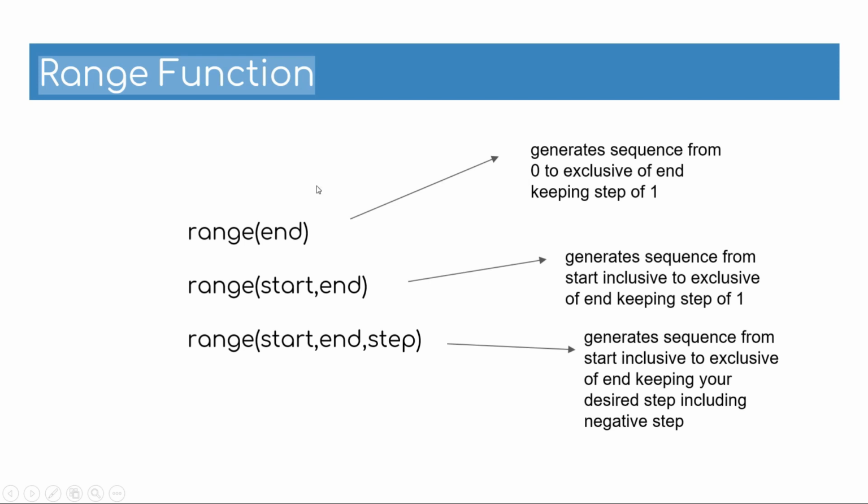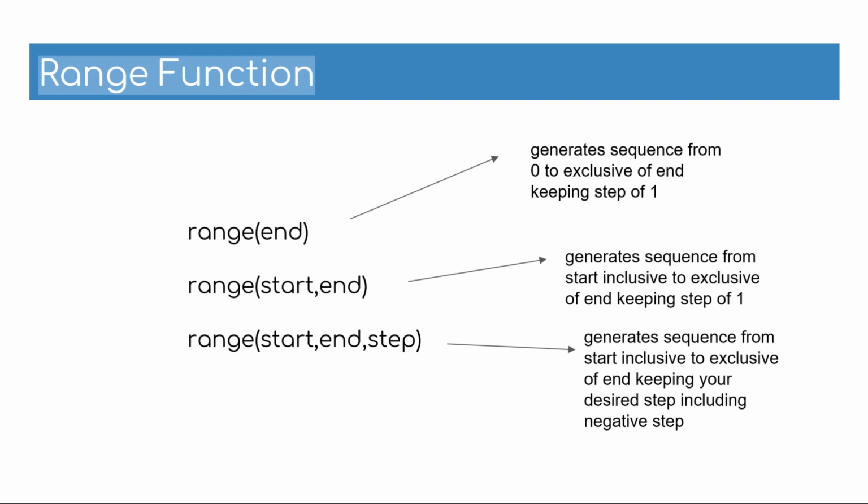Let us say you said range of 10. It would start from 0 and with a step of 1 it would increment and you would get 0, 1, 2, 3, 4 up till 9.